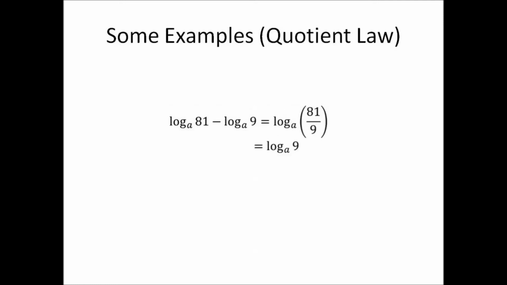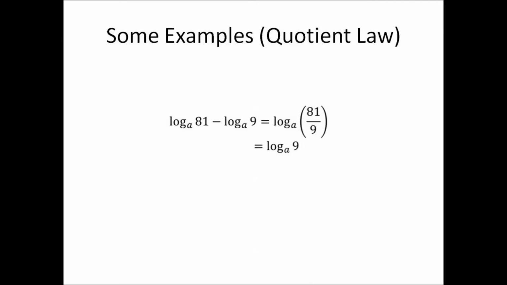Next let's move on to the example on quotient law. Basically quotient law would mean that if you see that there's a subtraction between 2 logarithms with the same base power, you are able to just divide the 2 numbers.